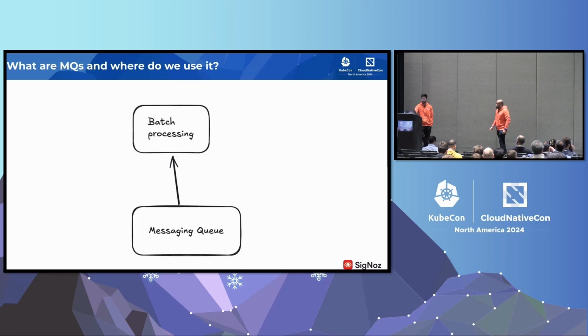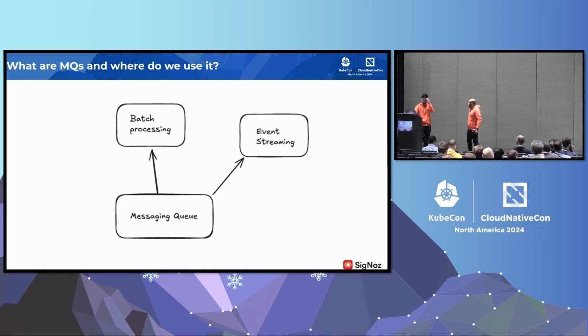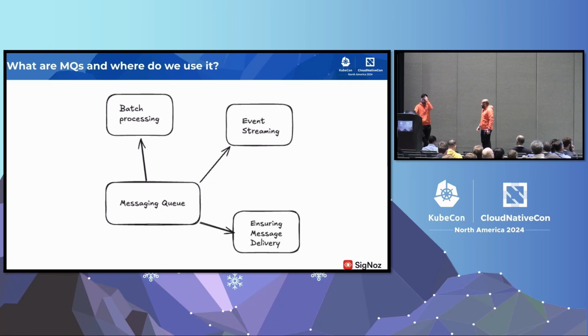So why do we use any type of messaging queue? We have batch processing, event streaming, and ensuring message delivery. One of the most common use cases for a messaging queue is ensuring message delivery. There might be downtime on the consumer side, or some delay or lag, or something going wrong on the consumer or the producer side.